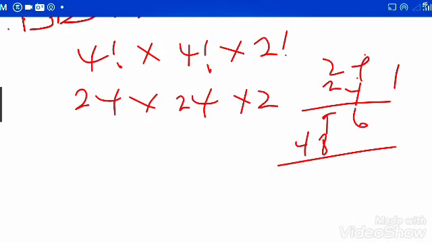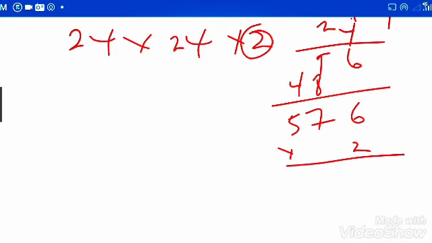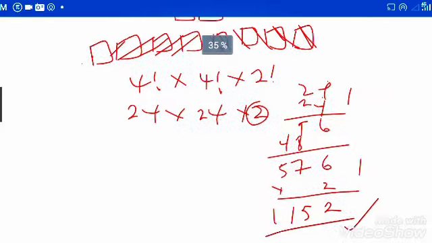So from here we're going to have 576, now times 2. 6 times 2 is 12, 2 you keep 1. 14 plus 1 is 15, you keep 1. 10 plus 1, that's 11. So that is the answer to that question.